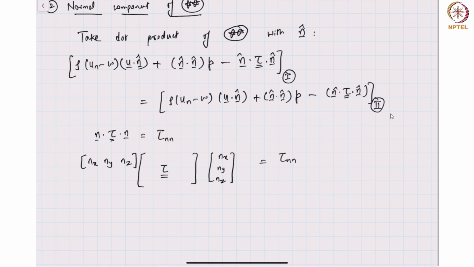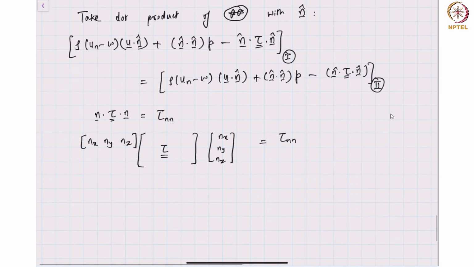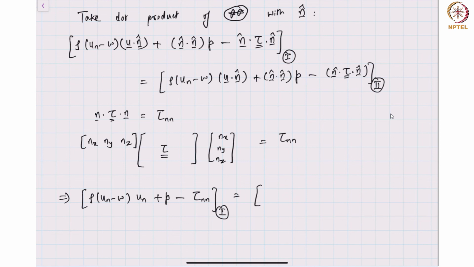So now if I were to simplify this, I have rho (un minus w) un, which is the normal component of the velocity, plus p minus tau nn over region 1, equals the same, un minus w un plus p minus tau nn, over region 2.